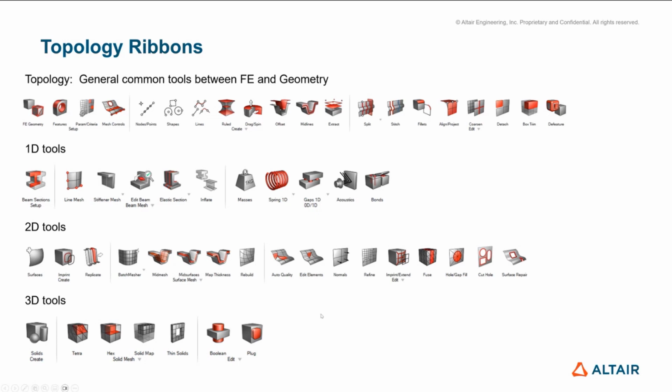We have the 2D tools, so these are all the planar 2D operations and all the meshing. It allows us to put mid-surface, mid-mesh, map thickness, and rebuild together. Edit elements, we're also going to put into the 3D as well, as the layer split, layer merge and all those layer operations are available in edit elements now. That'll also be available in the 3D tools.